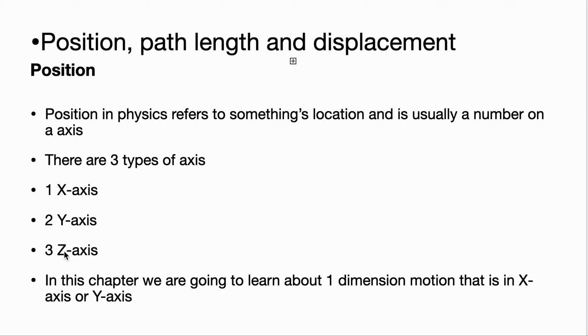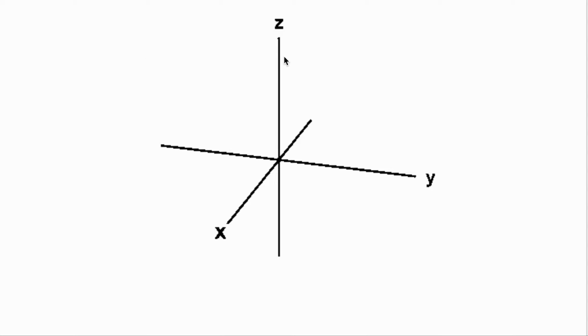In this chapter we are going to learn about one dimension motion, that is in x-axis or y-axis, only horizontal or vertical, that's all. This is a typical diagram of the axis. You can see this line is x-axis, this is y-axis and this is z-axis.